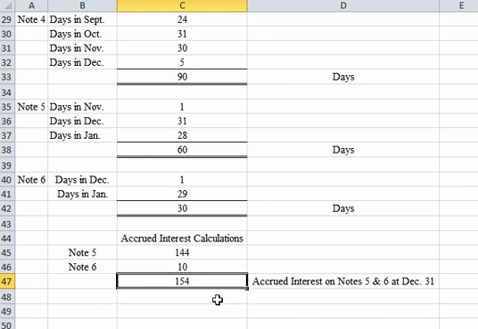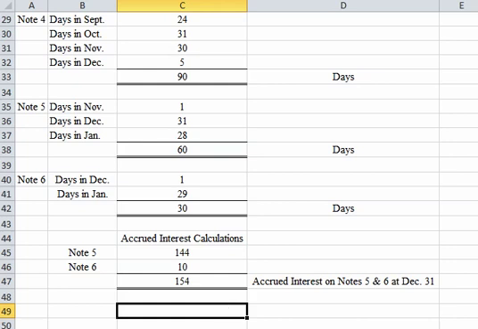Also on the balance sheet, current assets, specifically interest receivable, would be understated or short by $154, causing total assets to be short $154. So we don't want to leave off revenues and assets on the financial statements. So let's look at the entry we'll make.